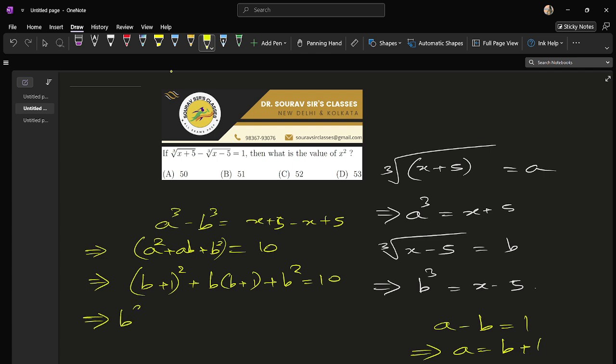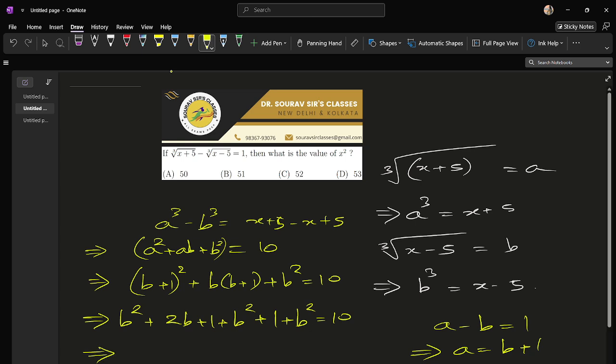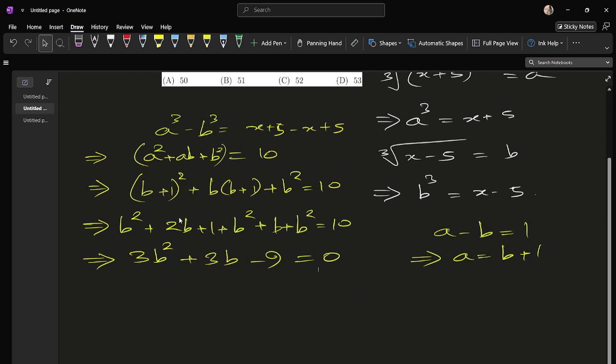So we will get b square plus 2b plus 1 plus b square plus b plus b square is equal to 10. Then we will get 3b square plus 3b minus 9 is equal to 0 here.